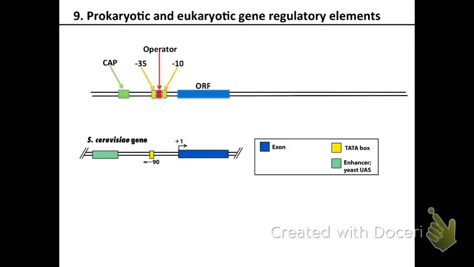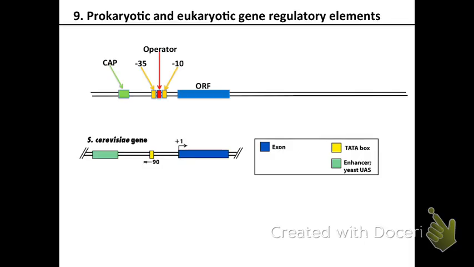So if you look at a typical prokaryotic promoter where you have an ORF, which stands for open reading frame, right? That is the sequence that codes for the protein. Upstream of that ORF, you're going to find your -35 and -10 sequences, with or without an operator where the repressor is going to bind, and maybe some other sequences where your transcription activators are going to bind.